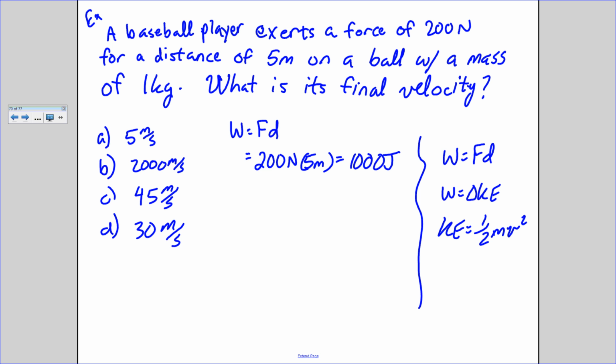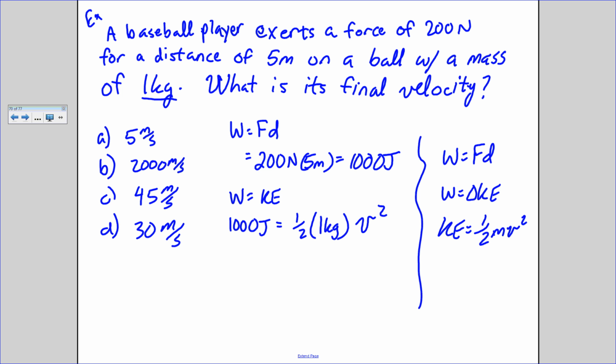So he increases the energy of the ball by 1,000 joules. So I can say that that work is equal to my kinetic energy. So I say 1,000 joules equals 1/2 times the mass. The mass is 1 kilogram times the velocity squared. And I want to find that velocity.